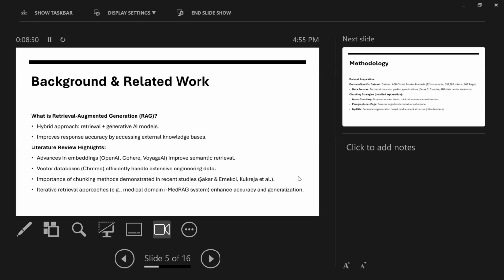So they saw that chunking methodologies can increase accuracy for up to 35% in some cases. This is why we use different chunking methods here. And iterative retrieval approaches, so we used to enhance accuracy and generalization, as noted by medical domain, such as iMedRAC system, also cited in the study.